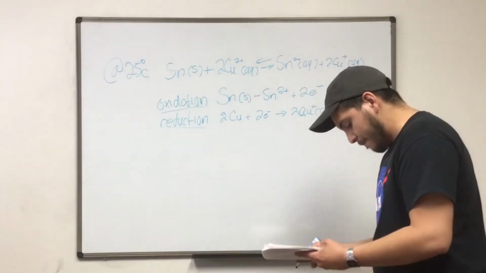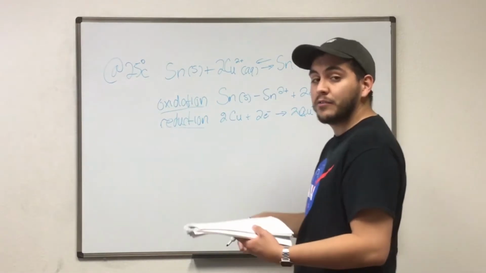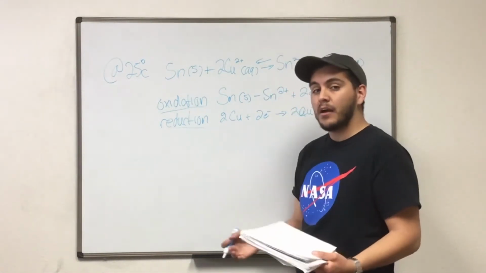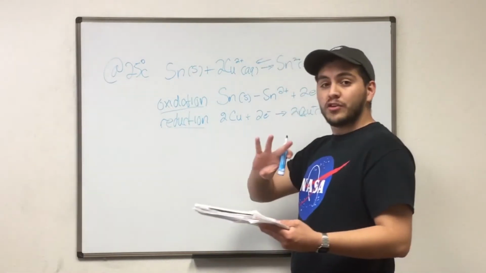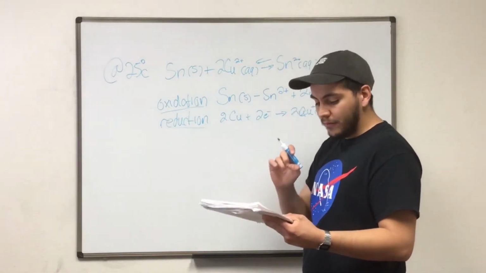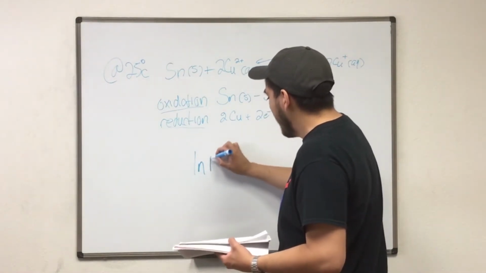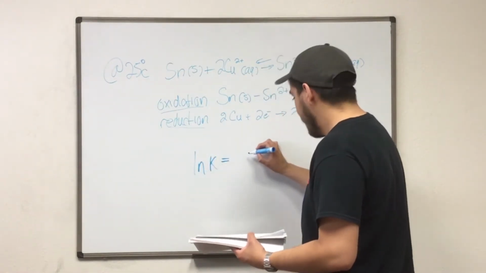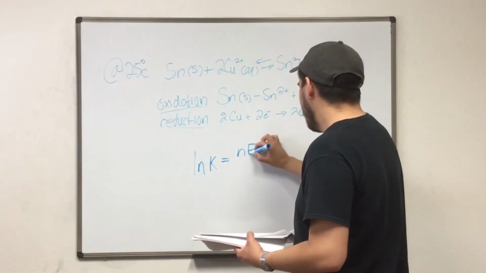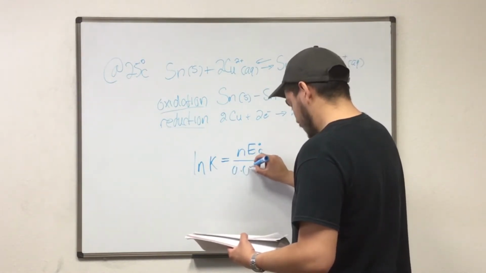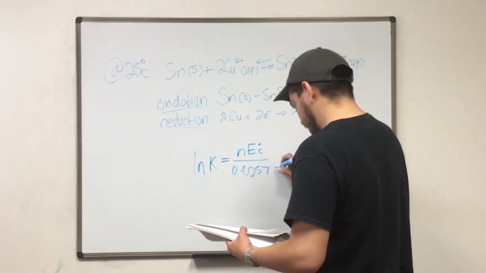Now we're going to use the other equation because we want to solve for the K constant. So we're going to switch it around. We're looking for K, the constant. So the natural log of K equals n E cell over 0.0257 volts.